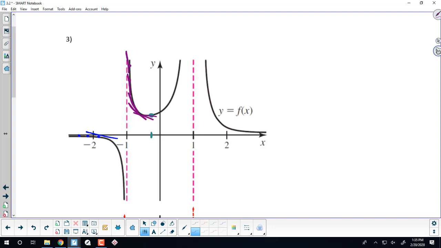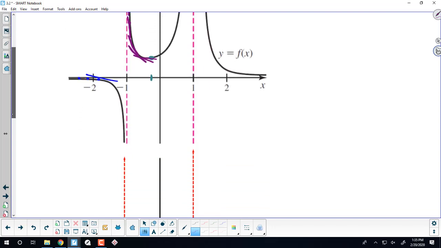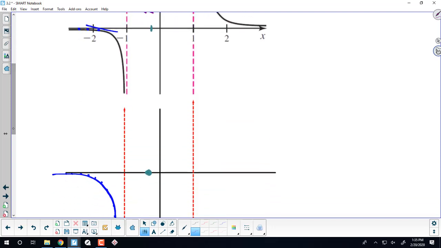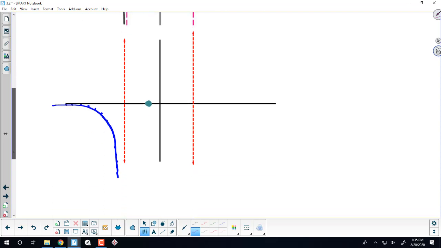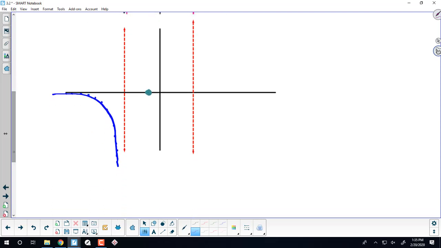So it starts off super negative, way down here, super negative values, but then flattens out, getting closer and closer to 0, or approaches 0 here. Any questions on that?